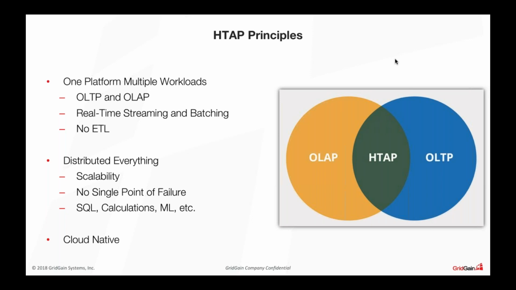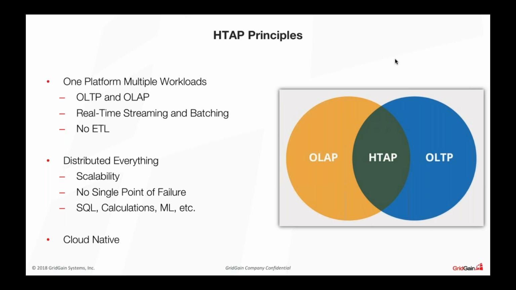But then when you want to mix OLTP and OLAP workloads, you have to ETL data back and forth between your different storages. And that's becoming a pain in the neck for many business scenarios and applications. And that's probably one of the biggest goals that HTAP is promising to solve for us.